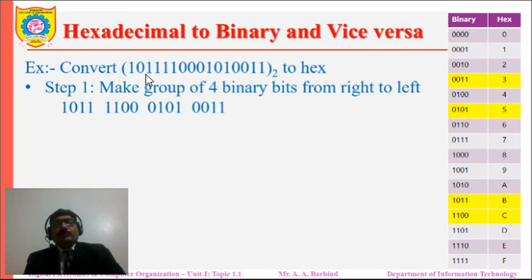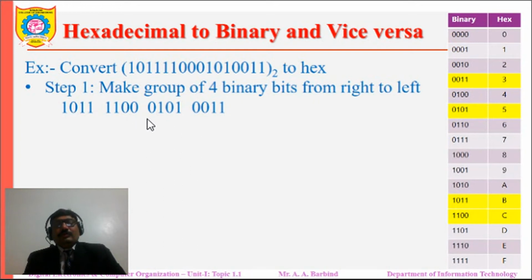Now in the leftmost group there can be 4 bits or there can be fewer than 4 bits, that is there can be 3 bits or 2 bits or even 1 bit. So if it is only 1 bit, then you can add zeros to the left of that particular group, so that it will be a 4-bit binary number.